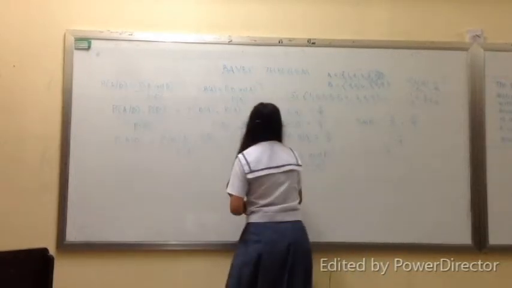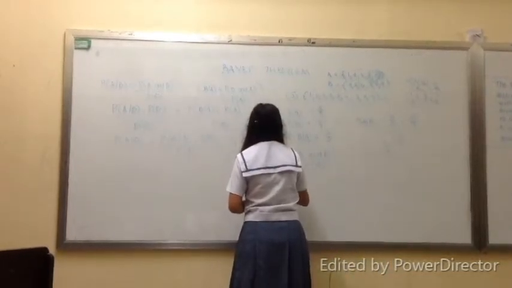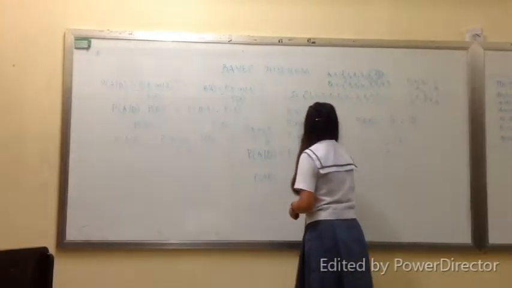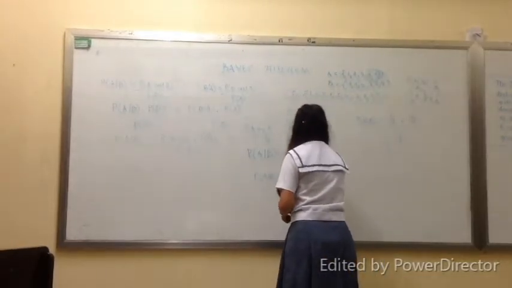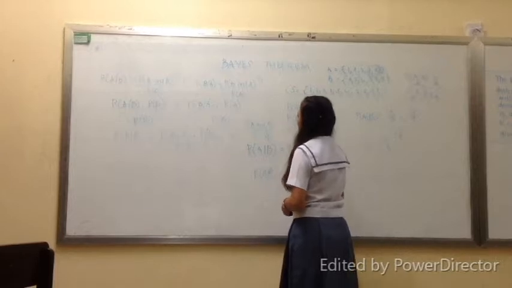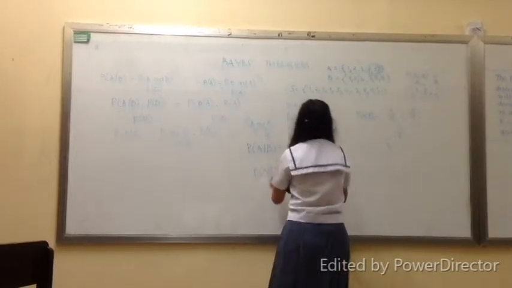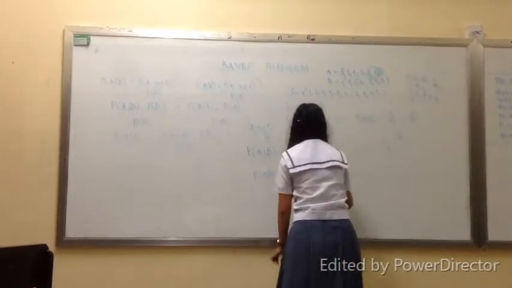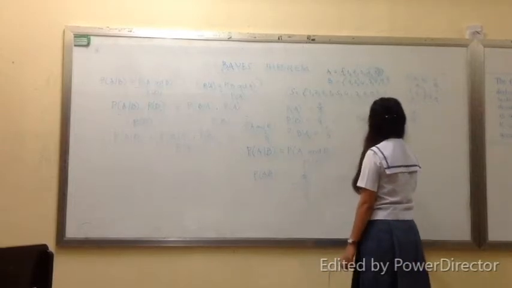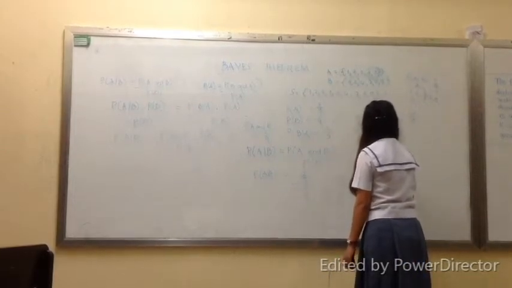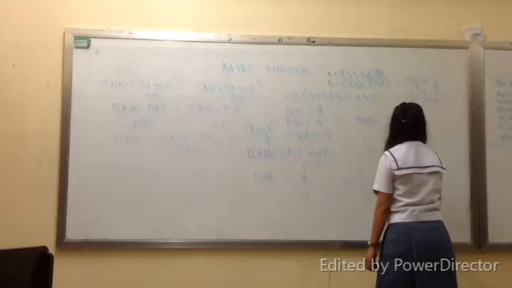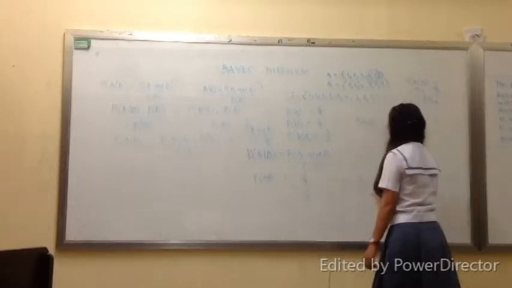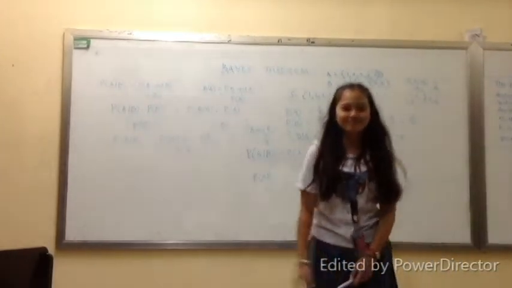So the probability of A given B is equal to 2 over 9 all over the probability of B, which is 6 over 9. So the answer would be 2 out of 6, and it will be equal to 1/3. So that's all. Thank you.